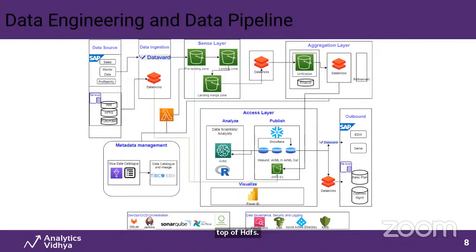So I'm talking about the Hadoop system. In Hadoop, we store all the files. You can draw parallels between this S3 bucket here, or Azure Blob Storage, and also the HDFS in the legacy Hadoop environment.